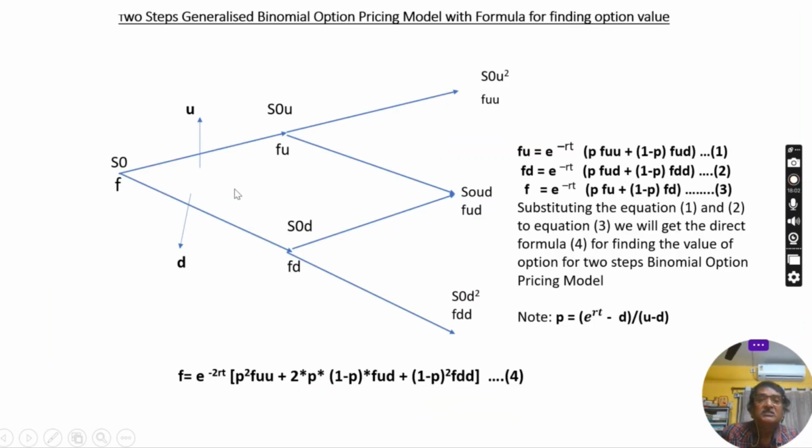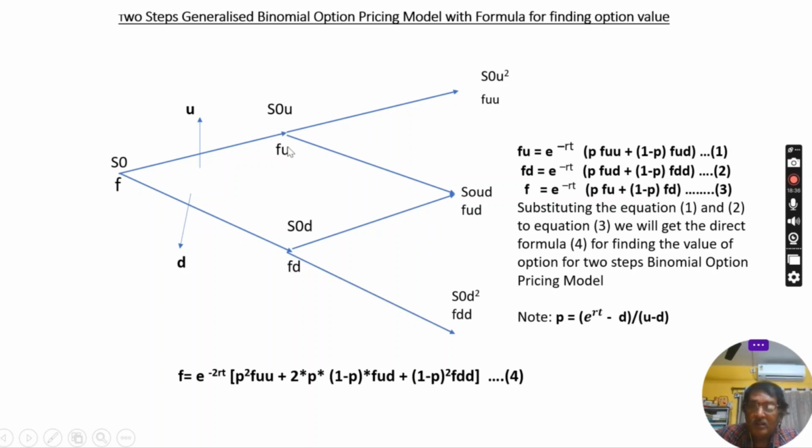First, this is the generality for two steps, and these are the different equations. This is the first equation, to find out FU. How will you find out FU? e to the power minus RT into P, where P is the probability. How the probability will be calculated, I have already discussed. You have to use this formula to find out the P. P FUU plus 1 minus P FUD, with the help of this you can find out FU.